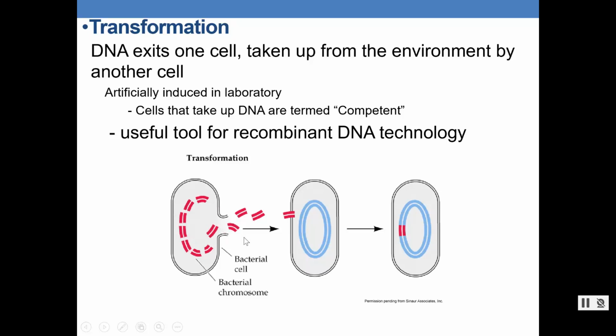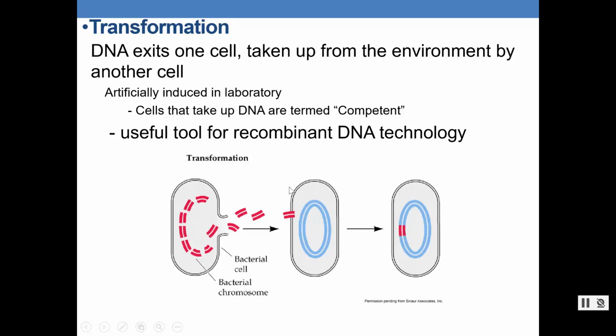You have pieces of nucleic acid in the environment, and you have a neighboring bacterial cell that is able to take up that piece. Now, most cells don't do this. Most cells, with their cell membrane and cell walls, keep stuff out. We don't want random pieces of DNA getting into our cell in general.